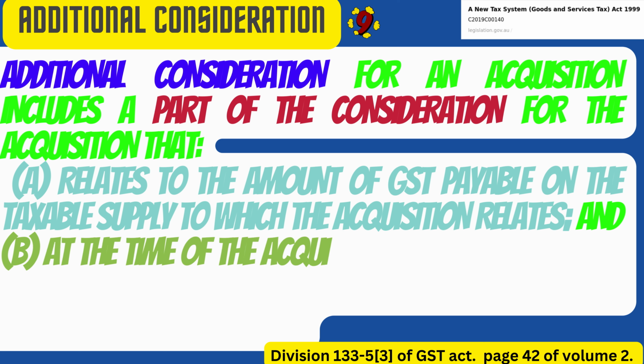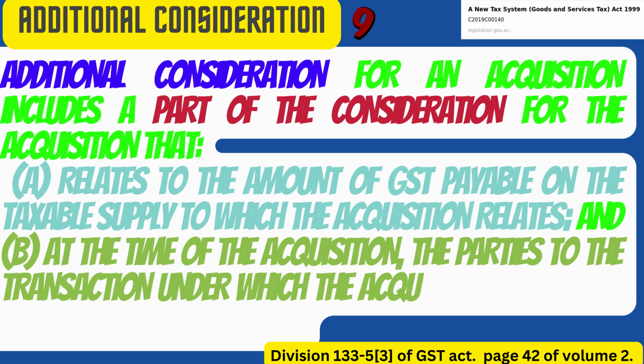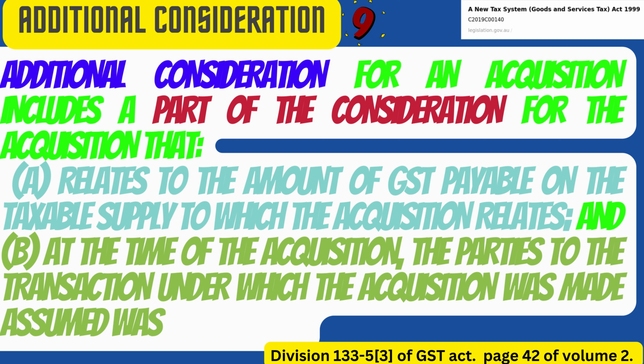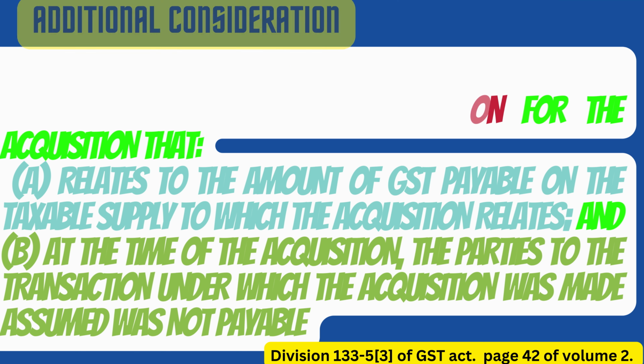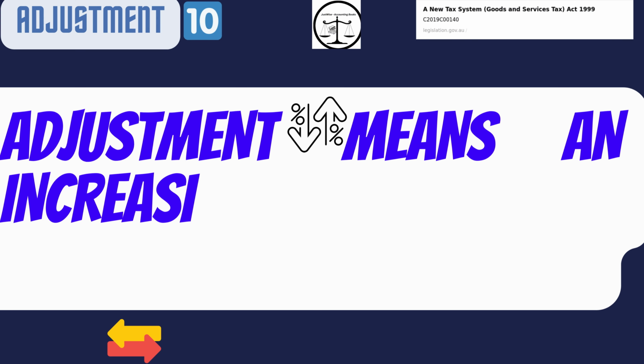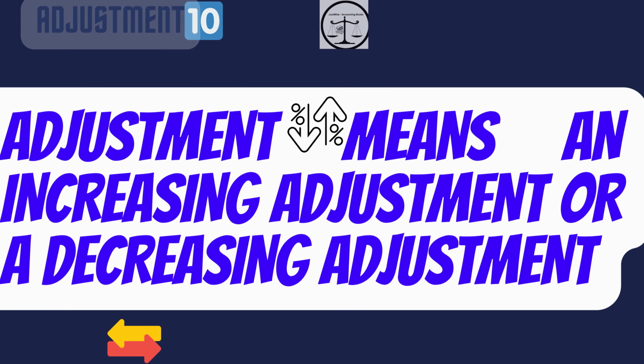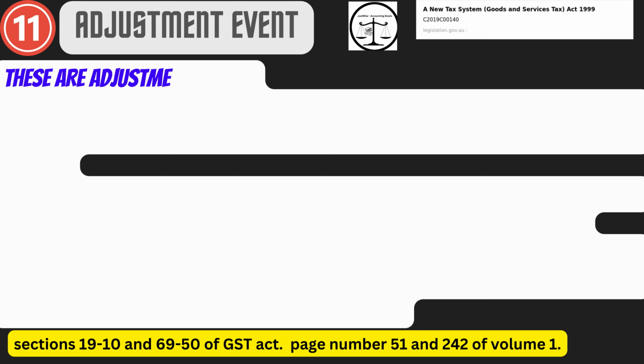Additional consideration for an acquisition includes a part of the consideration for the acquisition that A. Relates to the amount of GST payable on the taxable supply to which the acquisition relates, and B. At the time of the acquisition, the parties to the transaction under which the acquisition was made assumed was not payable. Word number 10. Adjustment. Adjustment means an increasing adjustment, or a decreasing adjustment. Word number 11.